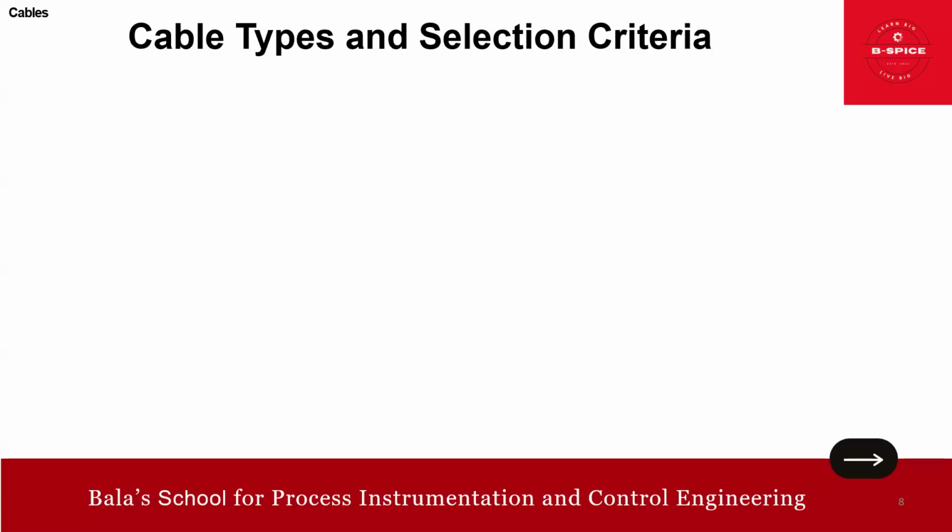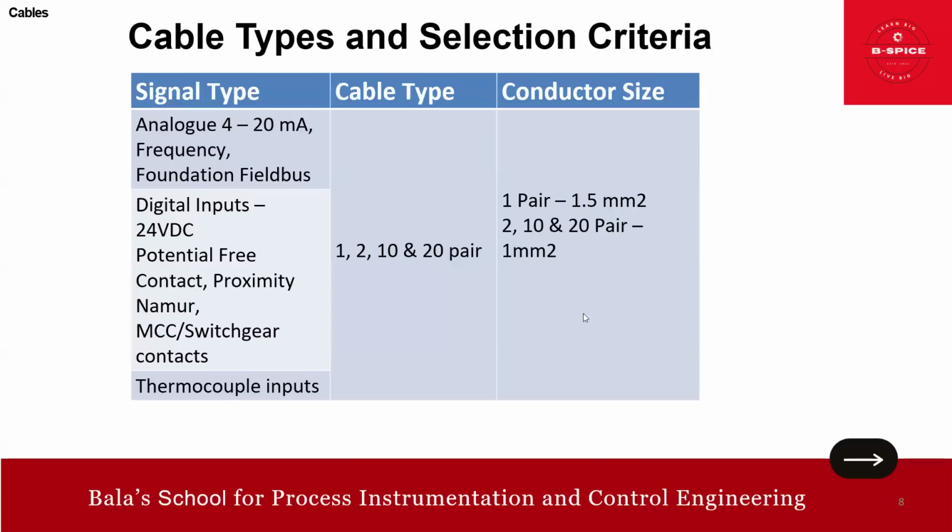Now I'll talk a little bit on the cable types and selection criteria. See, friends, I have categorized like this for your easy understanding. You see the signal type, the cable and conductor size. So analog 4 to 20 milliamps, frequency and Foundation Fieldbus. All these are signal types. Also digital input, 24-volt DC, potential free contact, proximity, NAMUR, MCC switchgear contact, thermocouple inputs.